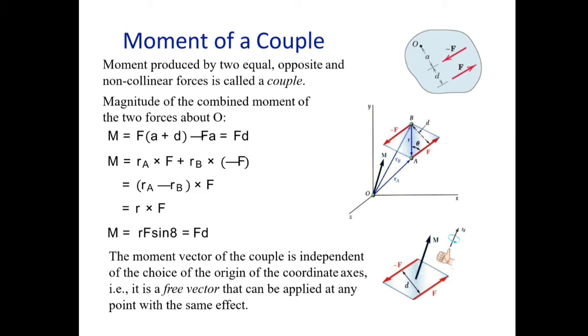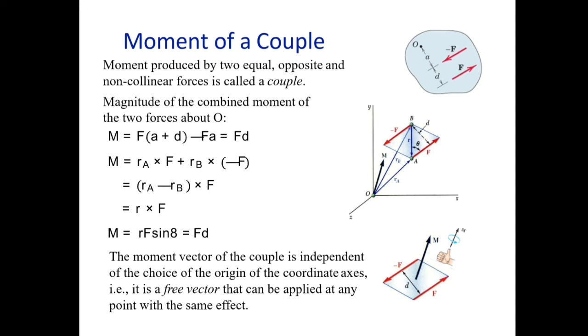Now this is the inclined distance. What about the perpendicular distance between the negative and positive force, that is the distance d? If we compare this small triangle with angle theta, we can say sine theta equals opposite d divided by hypotenuse R, so d equals R sine theta.